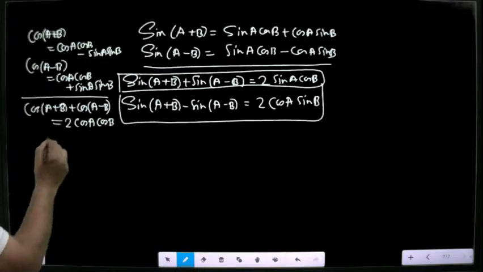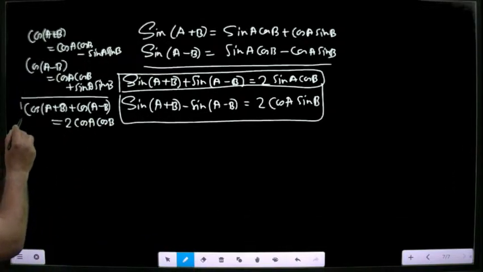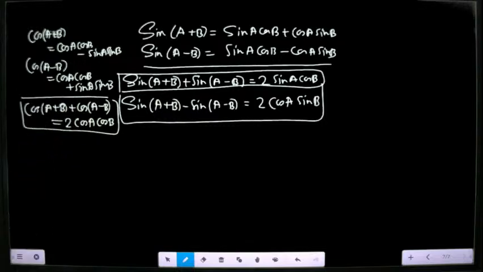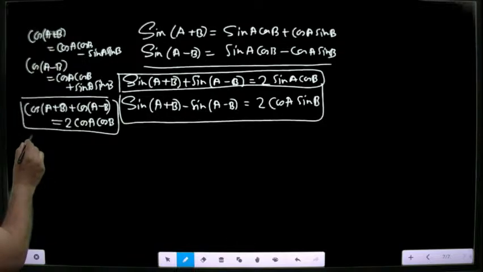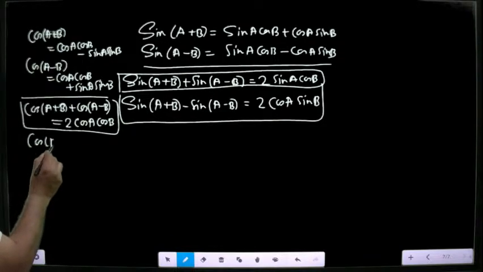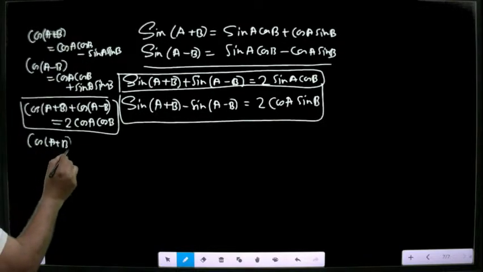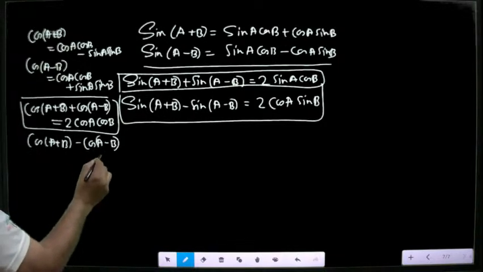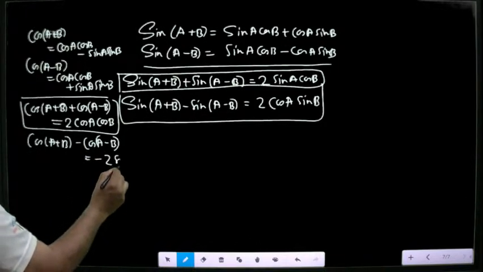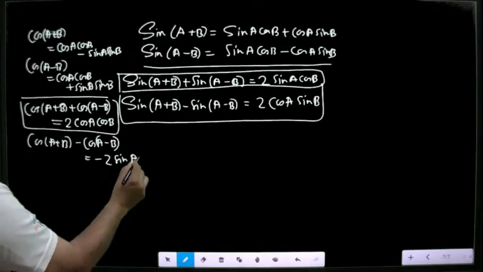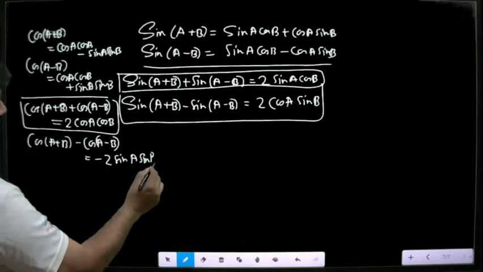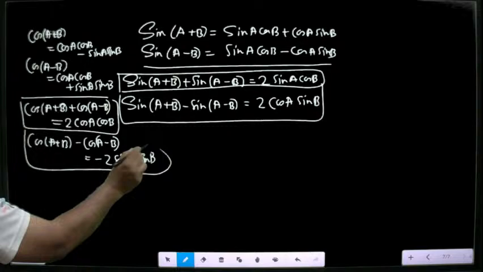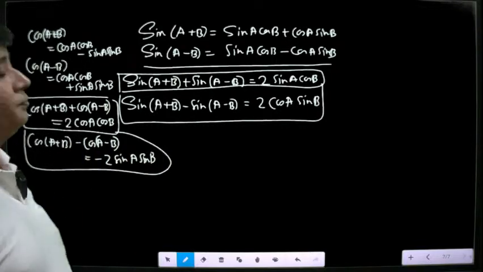Two cos A cos B. Now, if you subtract, minus 2 sin A sin B. So, all these are to be considered as formulas.